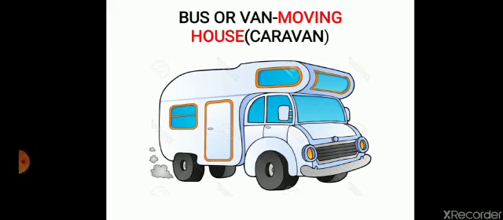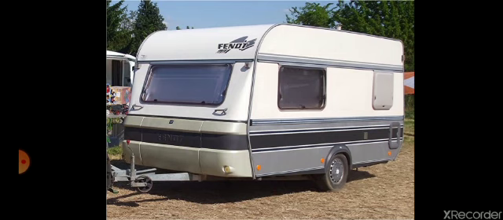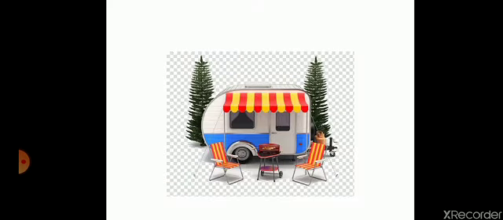In cities, people have buses and vans in which they can stuff their things and move from one place to another. Whenever they feel like stopping and spending a night somewhere, they can spend the night inside that van, and that van is known as a caravan. So a caravan is another type of house which can move from one place to another.